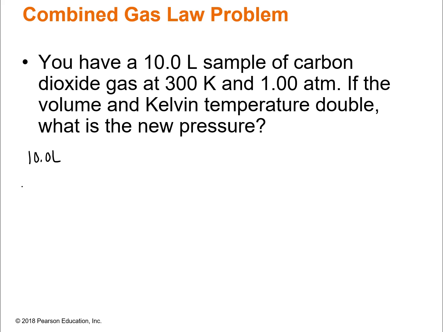I think the numbers might help. The question gives us the new volume and temperature, but we just have to do the math. Double the volume would mean 20 liters, and double the temperature would mean 600 Kelvin.